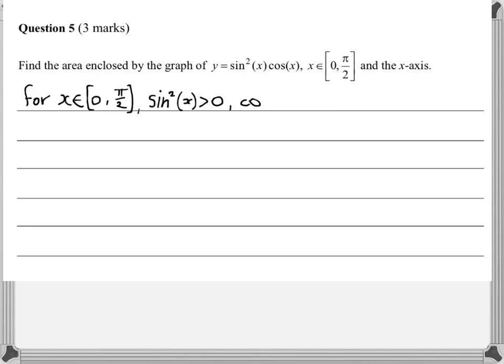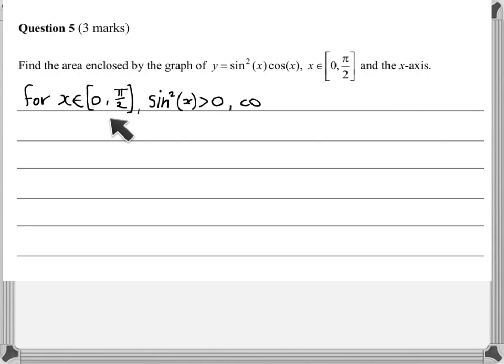And we have to find the area enclosed with the x-axis. Okay, so that's the area underneath the curve. We can't sketch it, so we don't know what the curve looks like. But we have to draw on some assumptions about sine and cos for angles in the first quadrant.